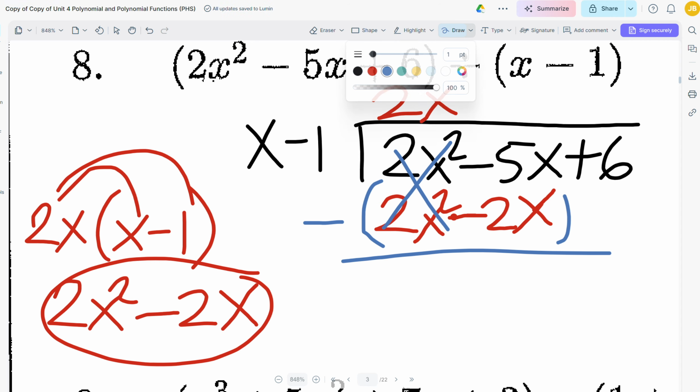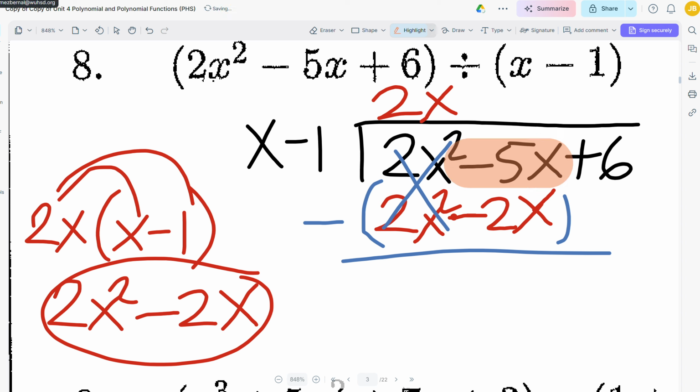Next thing I need to combine, the next two terms, is negative 5x minus a negative 2x. So that's going to turn it into a negative 5 plus 2. Negative 5 plus 2 would be negative 3. And since there are x's, let's bring down the x.